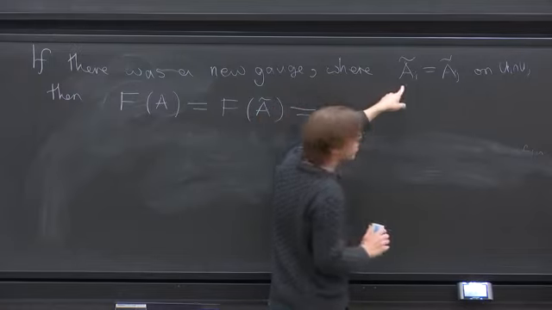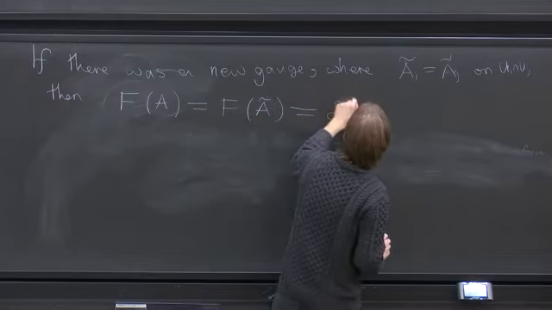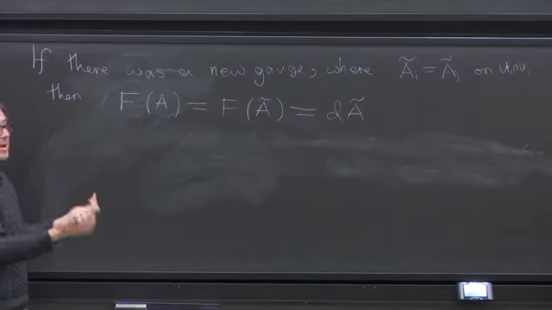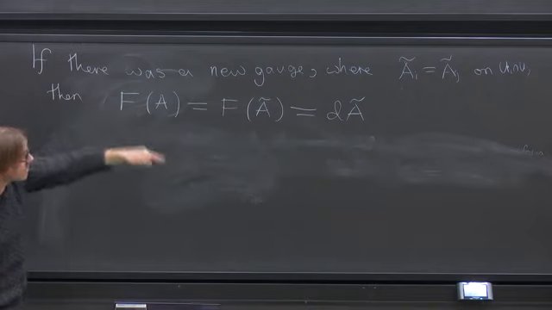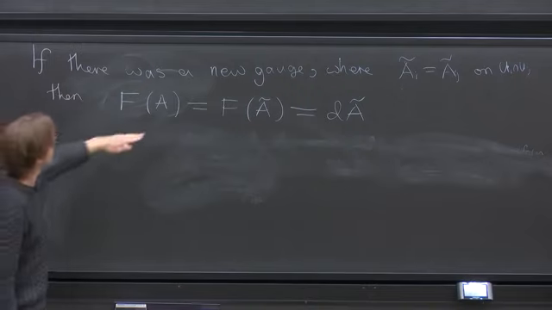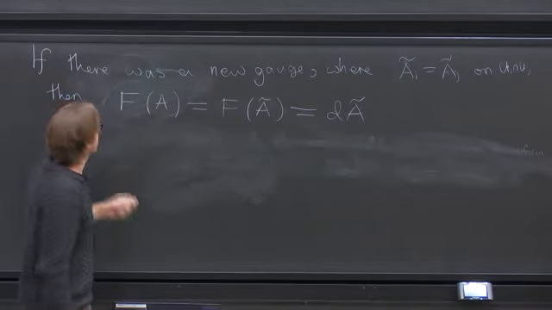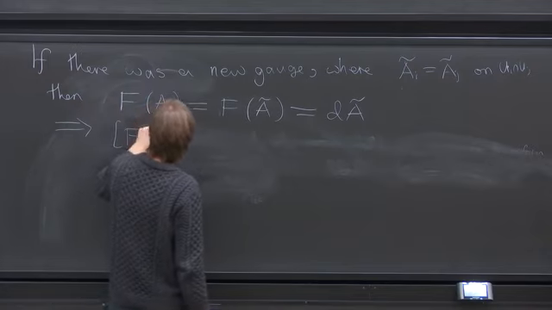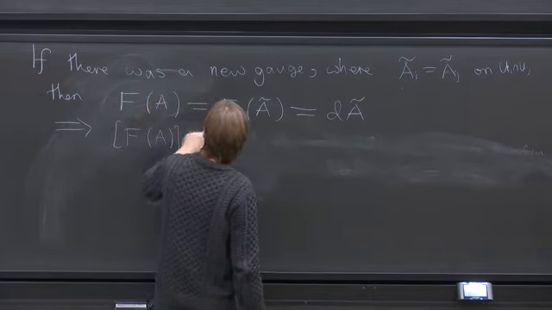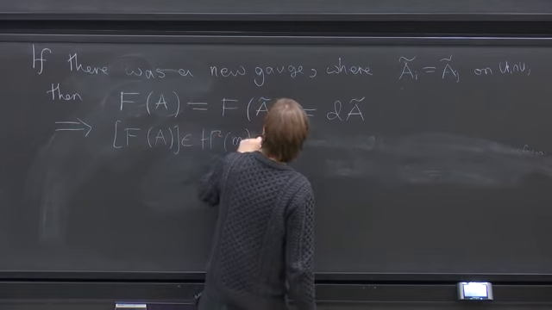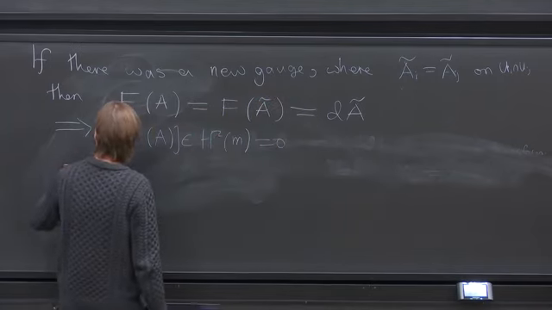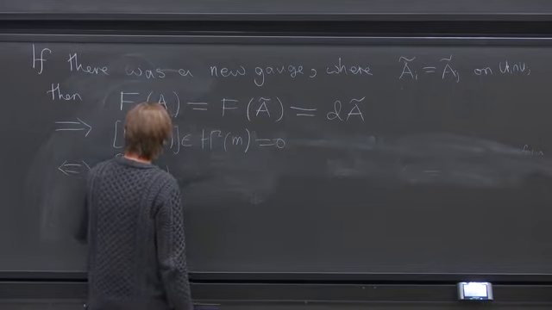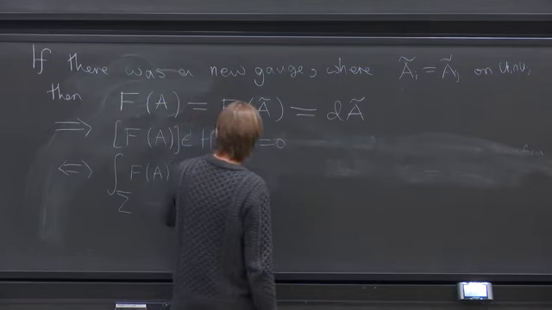But because this is a global expression, this is just dA tilde, because the curvature for the group U(1) is just the de Rham operator. So if I could express my gauge field globally, then this two-form is d of something. That implies that the cohomology class in H^2 of M is equal to 0. And this happens if and only if the integral of F(A) over every closed two-cycle vanishes.